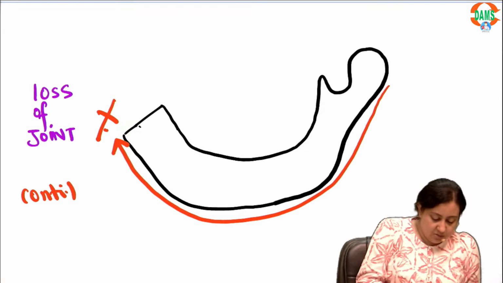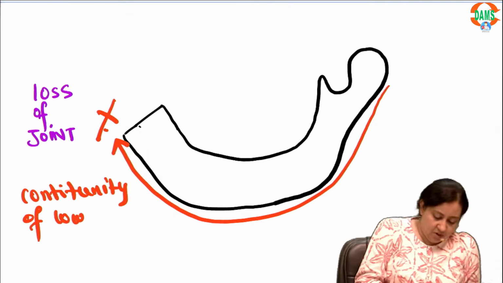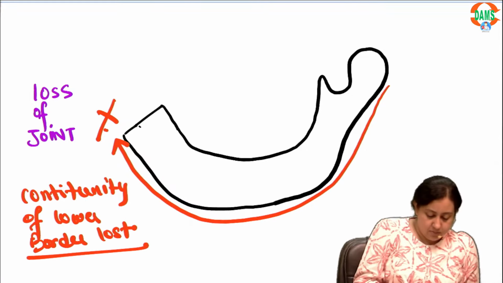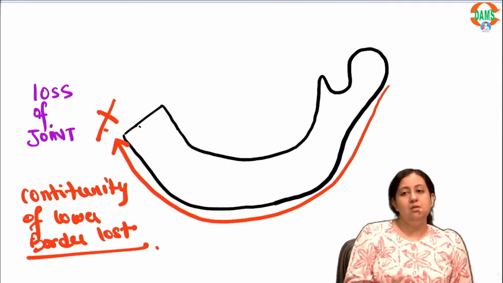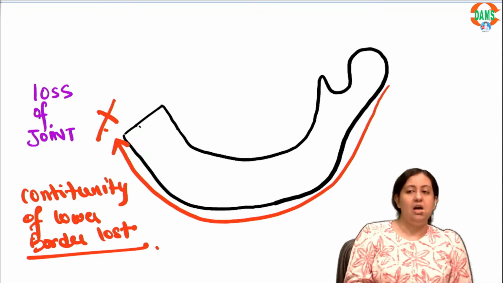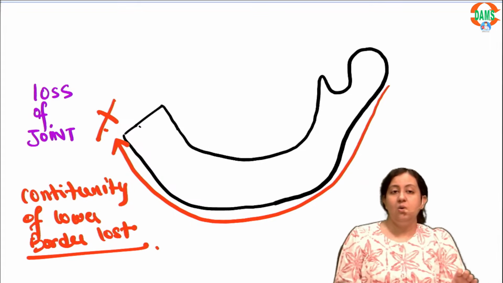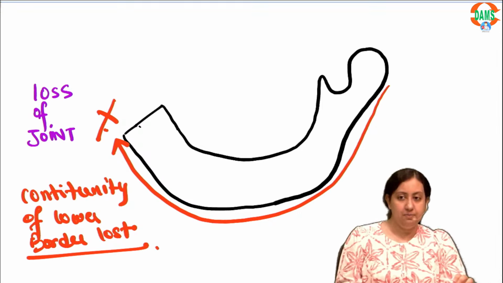So joint is lost, continuity of lower border lost, so this also forms a part of segmental resection, because you are losing the joint as well as the continuity of the mandible. So I hope this is clear. So disarticulation can also be called a segmental resection, same like hemimandibulectomy.